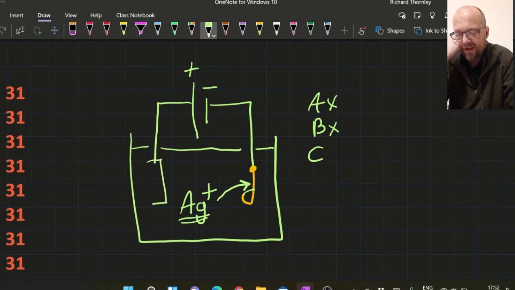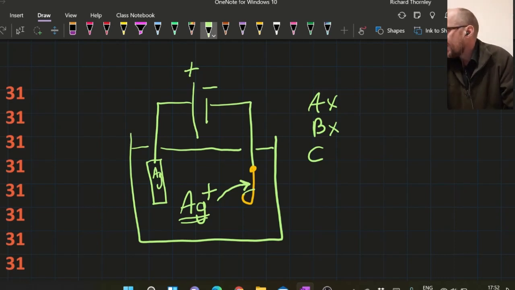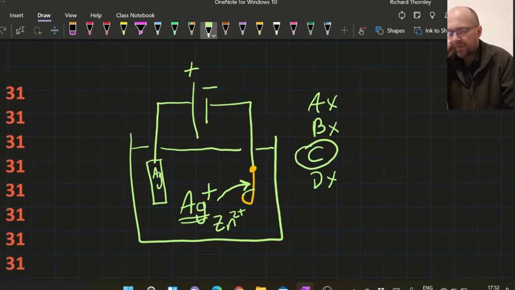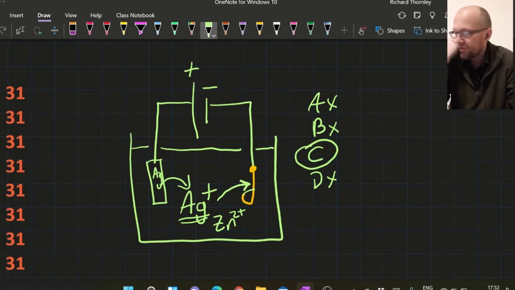If that was silver, would that help? The electrolyte is zinc sulfate. No, if I had zinc sulfate in here, I would zinc plate my zinc spoon. So by a process of elimination, it is C. I'm not quite sure why. I suppose the silver turns to silver ions in that funky electrolysis. So 31 is C.